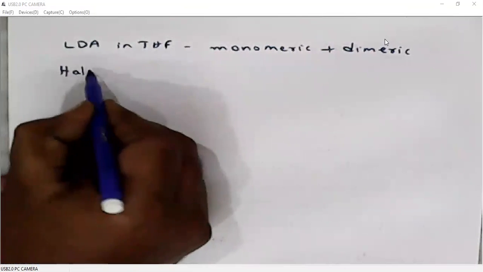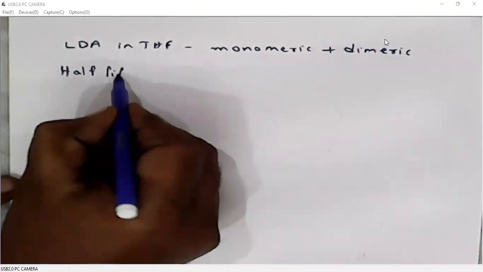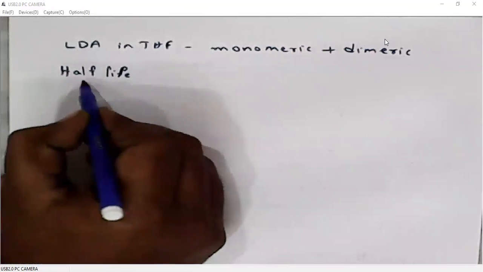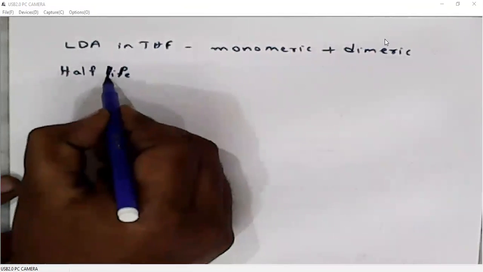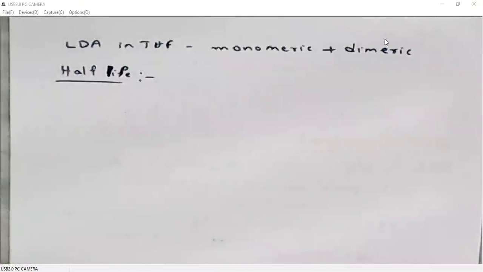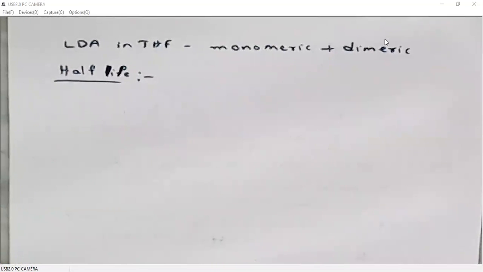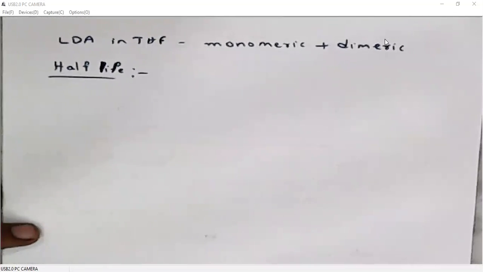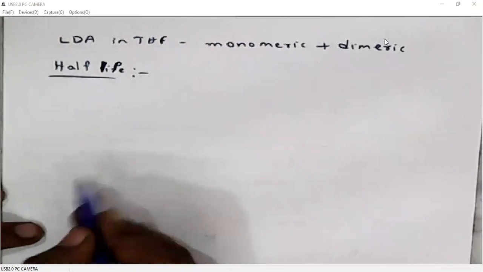Now we will look at the half-life of some of these reagents. Please don't memorize them. We don't need that. You just have a look at this information.